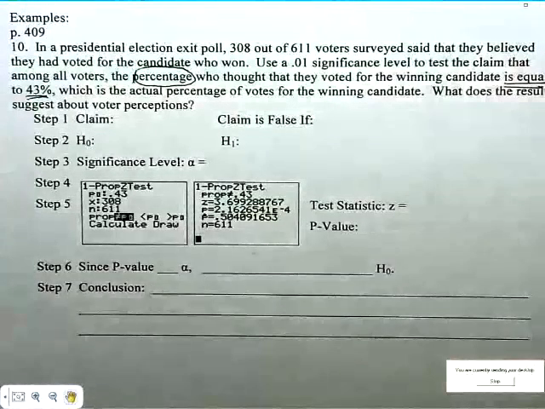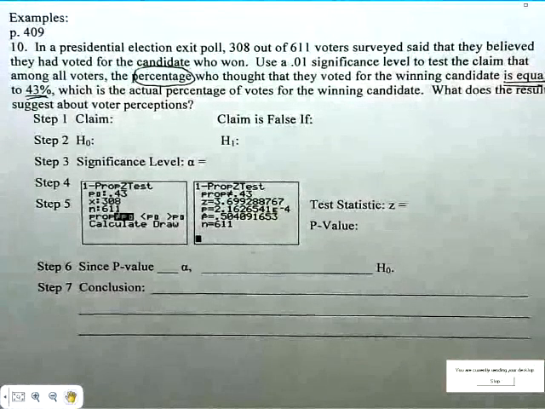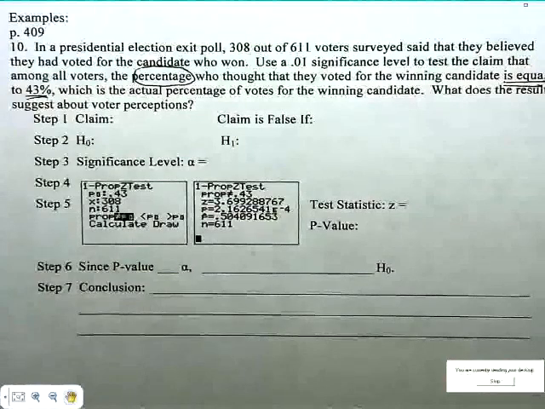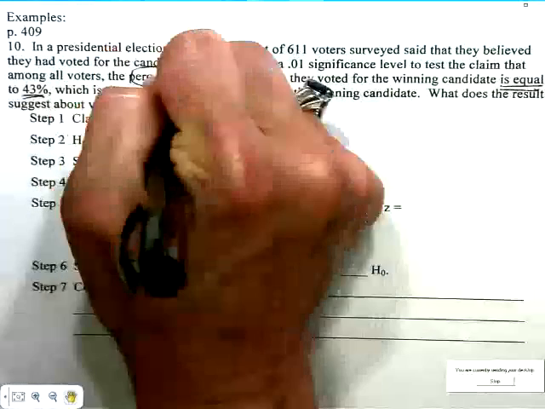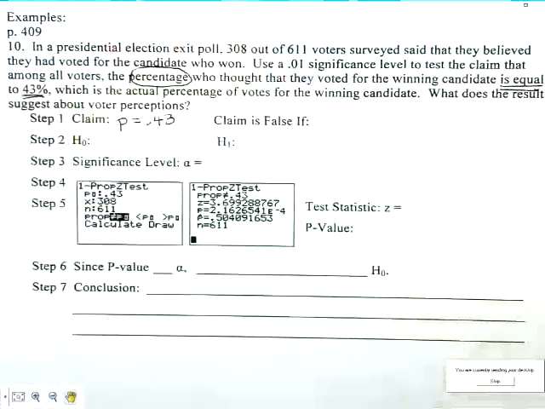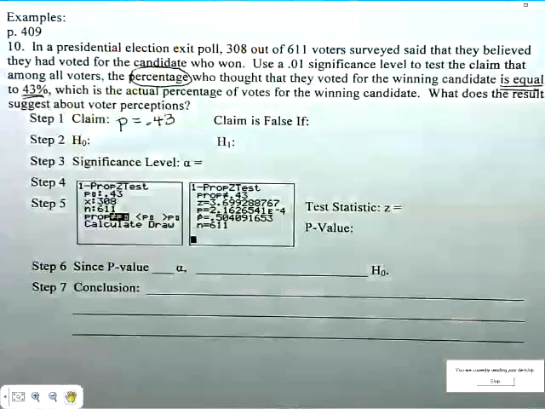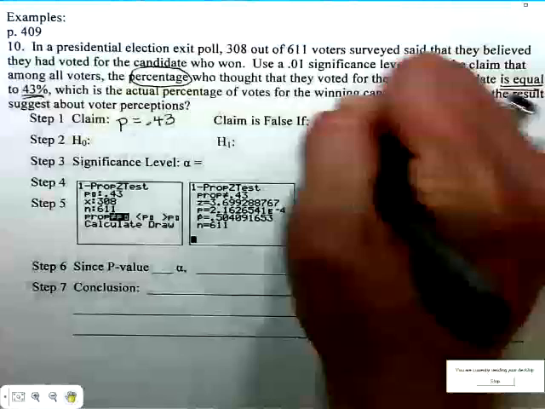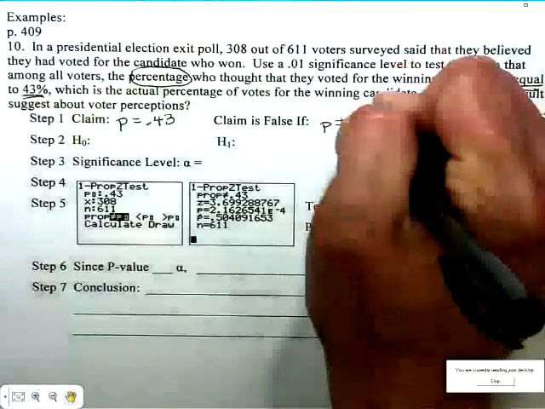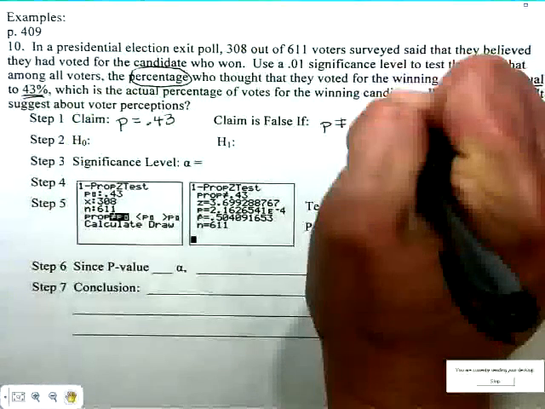So what's the claim? That P equals 0.43. That claim is false if what? P does not equal 0.43. So what is the alternative hypothesis?